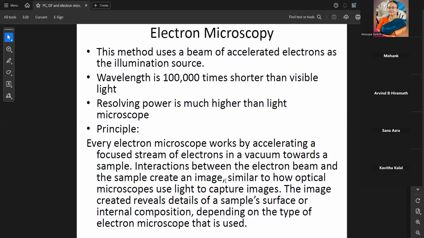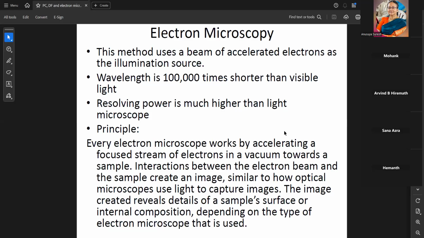Now we come to the third method, which is electron microscopy. As you know, there are certain objects which are very, very small and we can't see them even using a normal light microscope. So in that case, we have to use what is called electron microscopy. The wavelength in this is about 1 lakh times shorter than the wavelength of visible light.